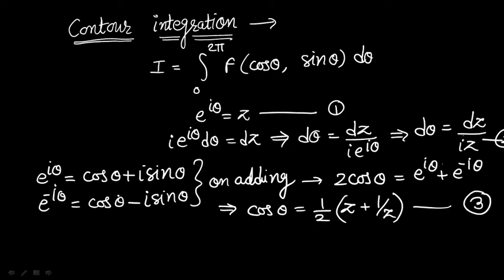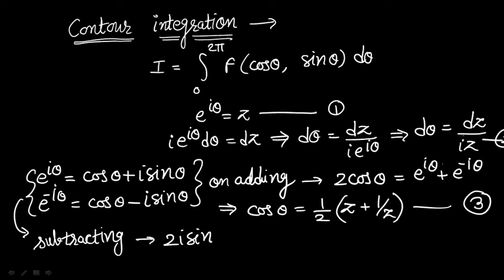Now if we subtract these two equations, we get the value of i sin theta. That means 2i sin theta equal to e to the power i theta minus e to the power minus i theta. From this we easily find the value of sin theta.